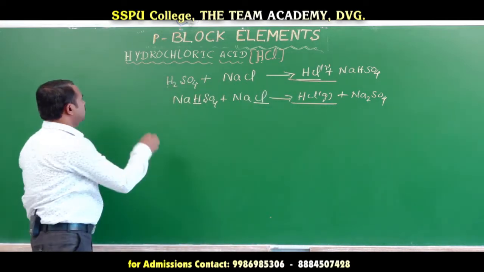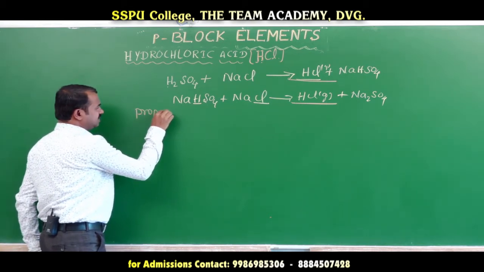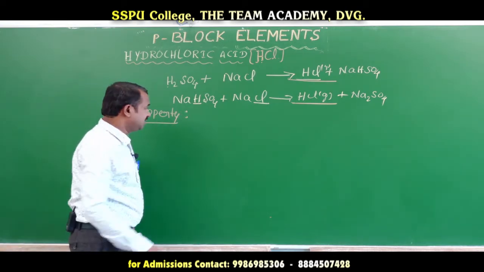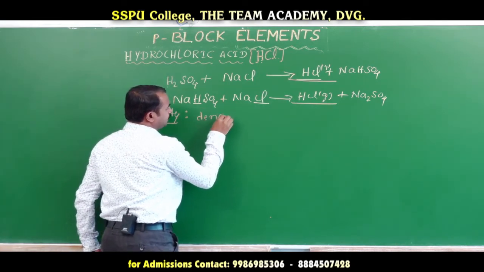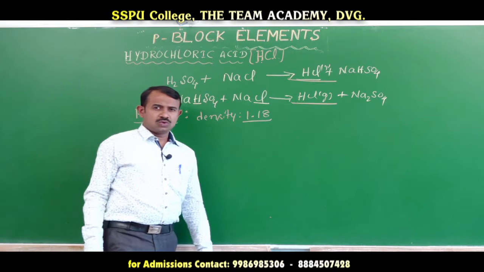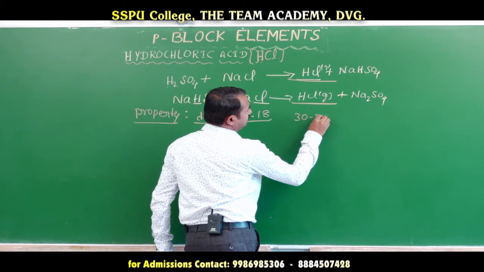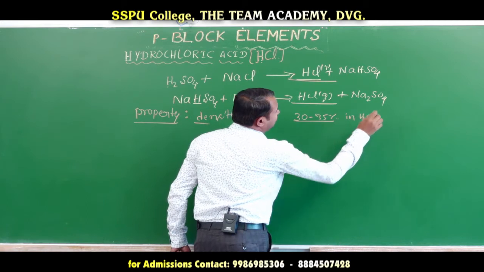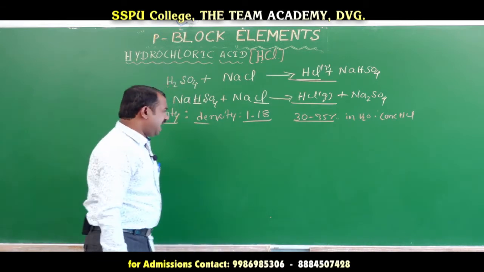Okay, now this is important. Next, the physical and chemical properties of hydrochloric acid. Hydrochloric acid is a mineral acid. Its density is 1.18, and 30 to 35% in water is called concentrated HCl.